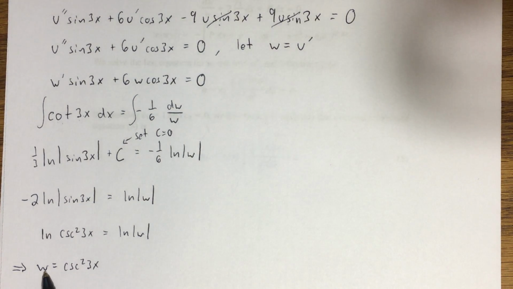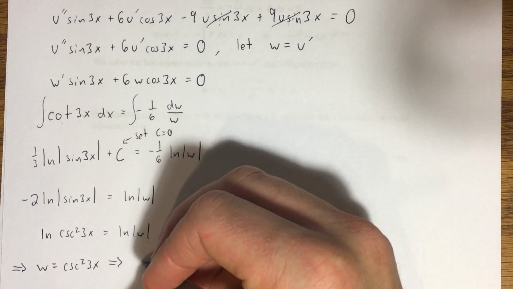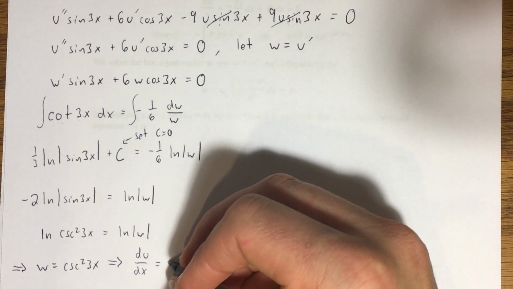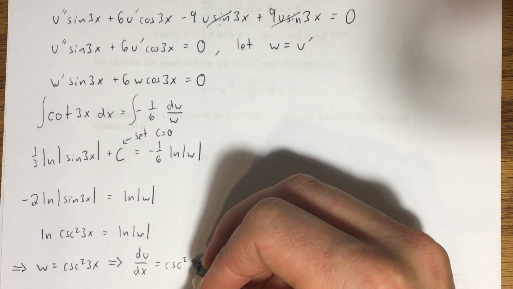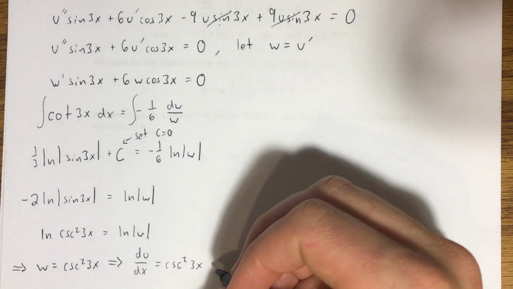Now remember what w is. w is u prime, or du dx. That's equal to cosecant squared of 3x. If we integrate both sides, technically we'd be separating variables, moving this dx over here.